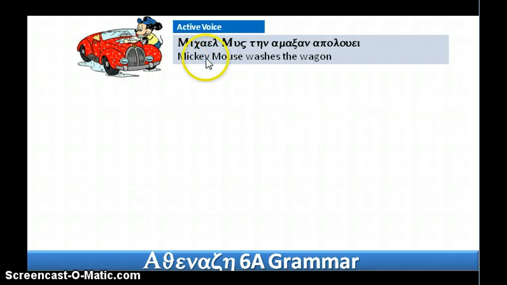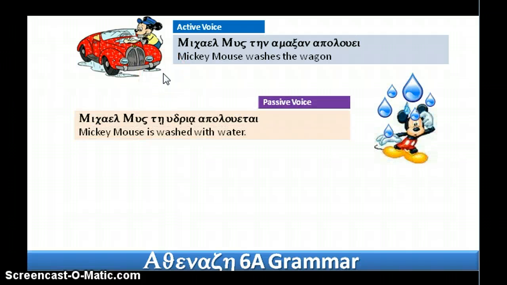So the active voice: Mikey Mouse ton hamaxan apolouei. Mickey Mouse washes the wagon or the car. It's active. While if Mickey Mouse is acted upon, you could use that middle passive. It's the same construction in the present.